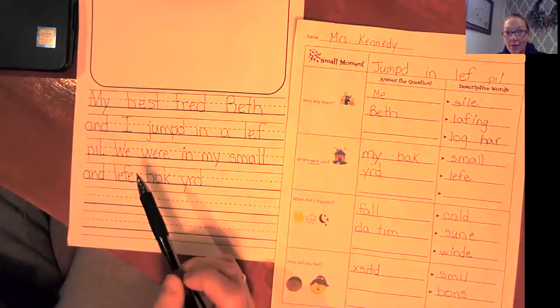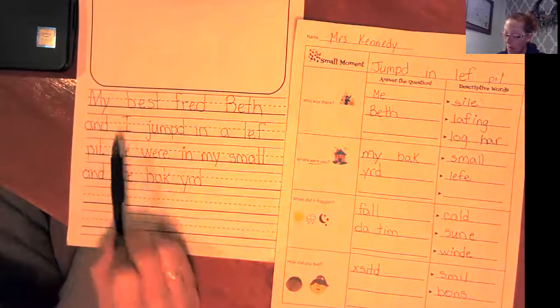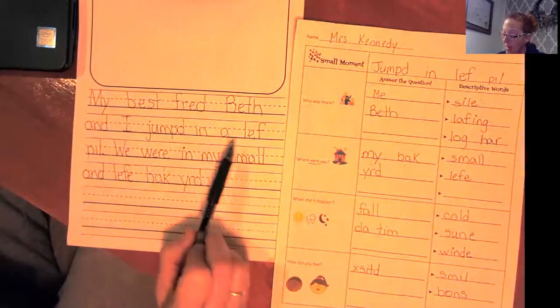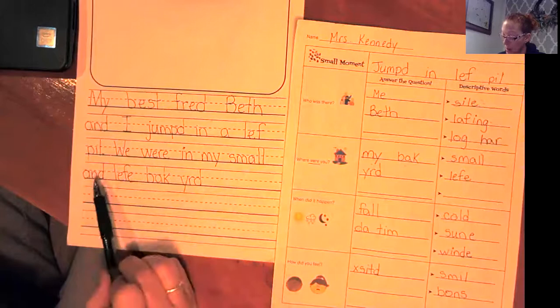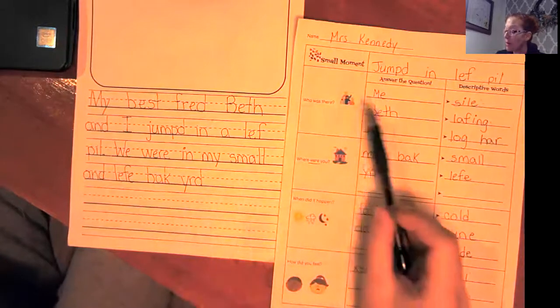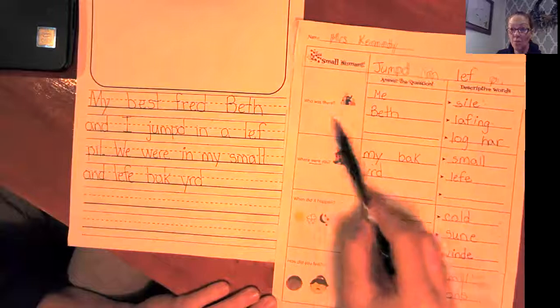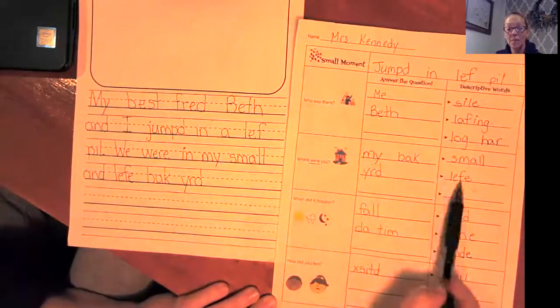You are the author, so you should know what you wrote. My best friend Beth and I jumped in a leaf pile. We were in my small and leafy backyard. What do you think? Does that sound good? Yep, I wrote a sentence about this first part, and then I wrote my sentence about where we were.